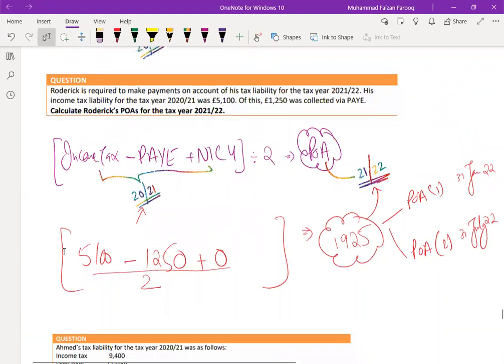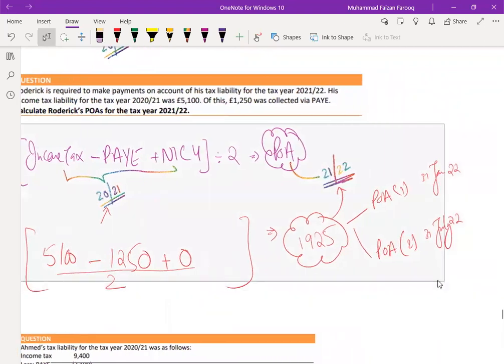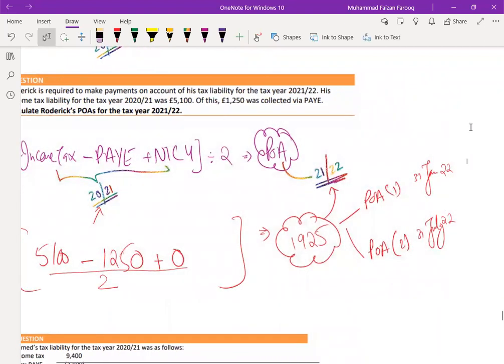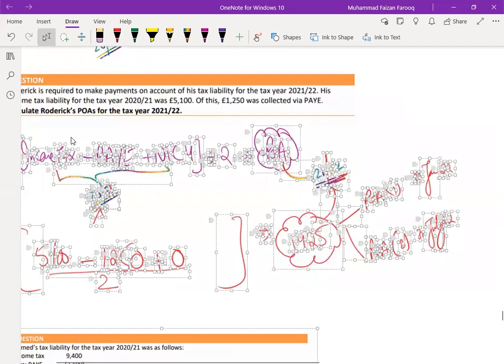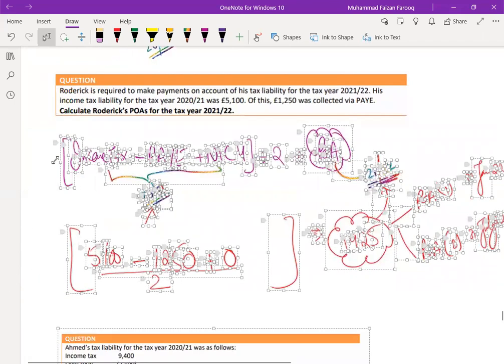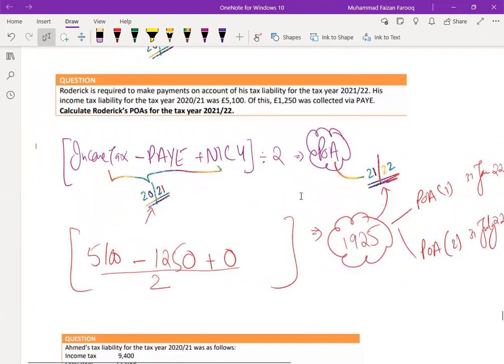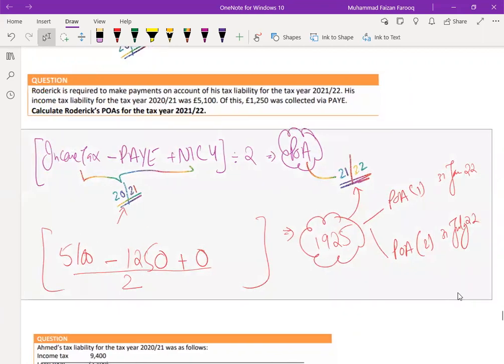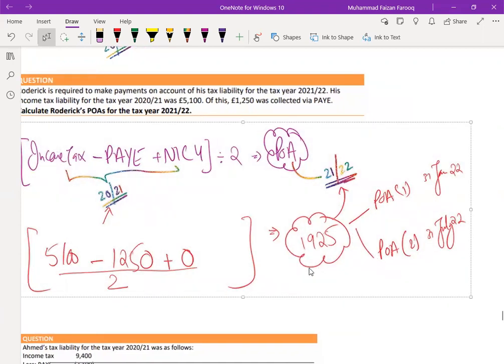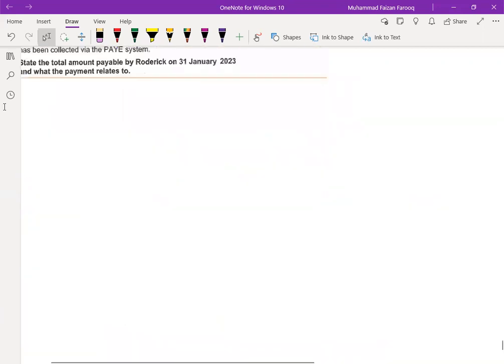Just read the question first, which we already solved, and review the answer and see everything is okay. Okay, so Roderick, POAs we are cleared, right? Now the continuity of the question.